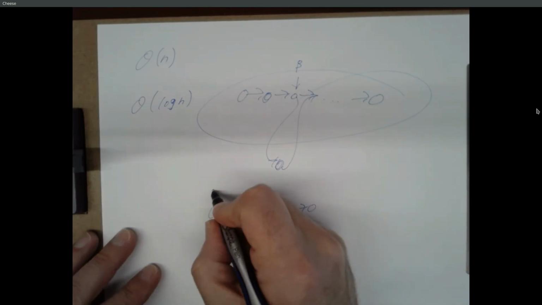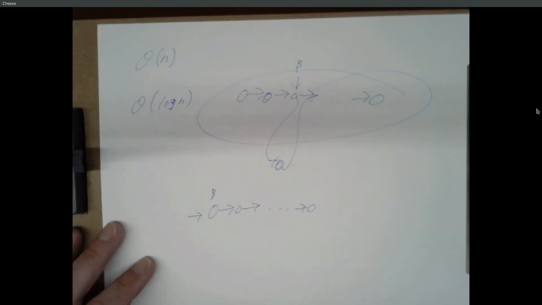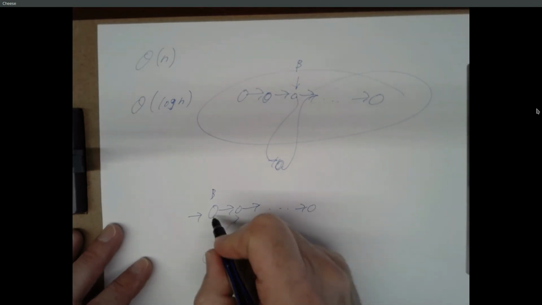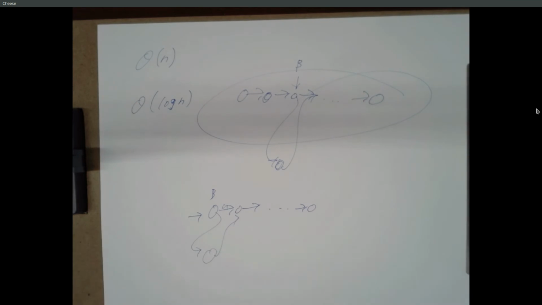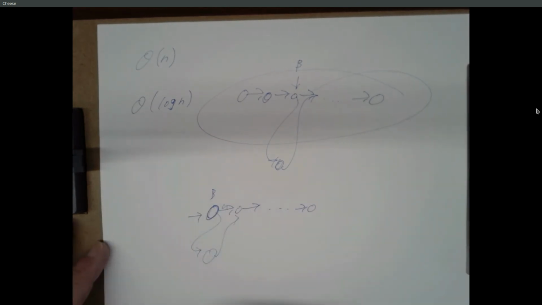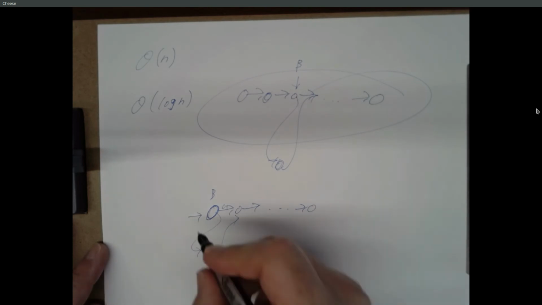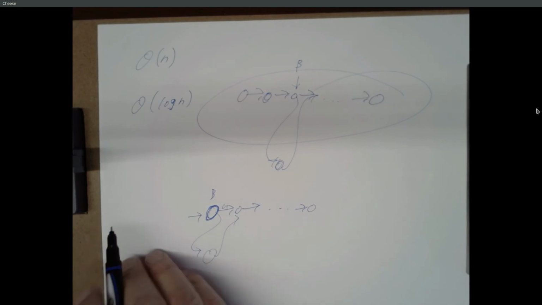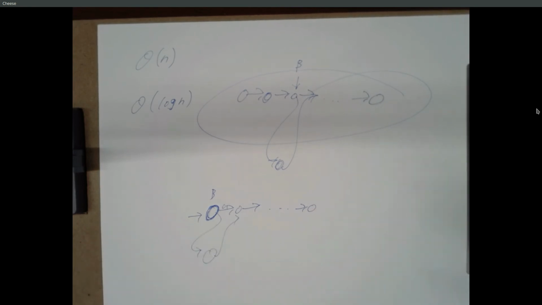Let's say you want to insert after this node: make a new node, point where B is pointing, and have B point to that. This is like 3 instructions. And it doesn't matter that there's a million things before here and a million things after here. As long as you know that you want to insert right after this, it's order 1. But finding this node, that's order n, because you've got to start at the beginning, and if this is the millionth node, it's going to take you a million steps to get there.